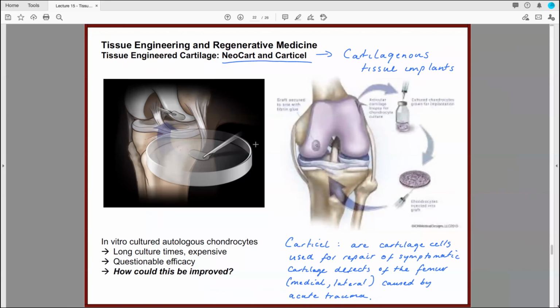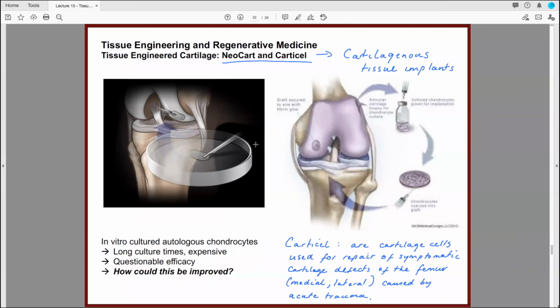We can also look at things such as NeoCart and Carticel, and these are cartilaginous tissue implants. The cartilage tissue is derived from the patient's own cells, and Carticel are cartilage cells used for the repair of symptomatic cartilage defects of the femur.